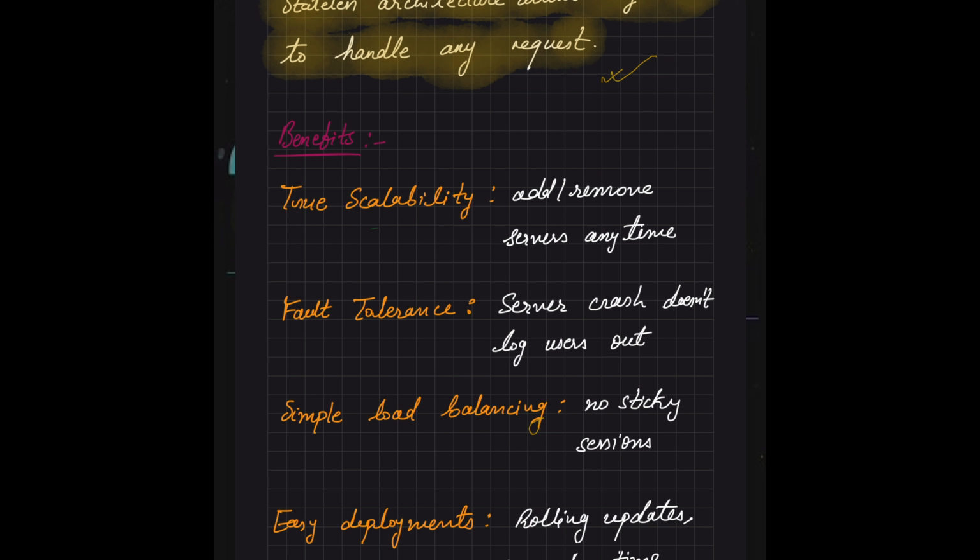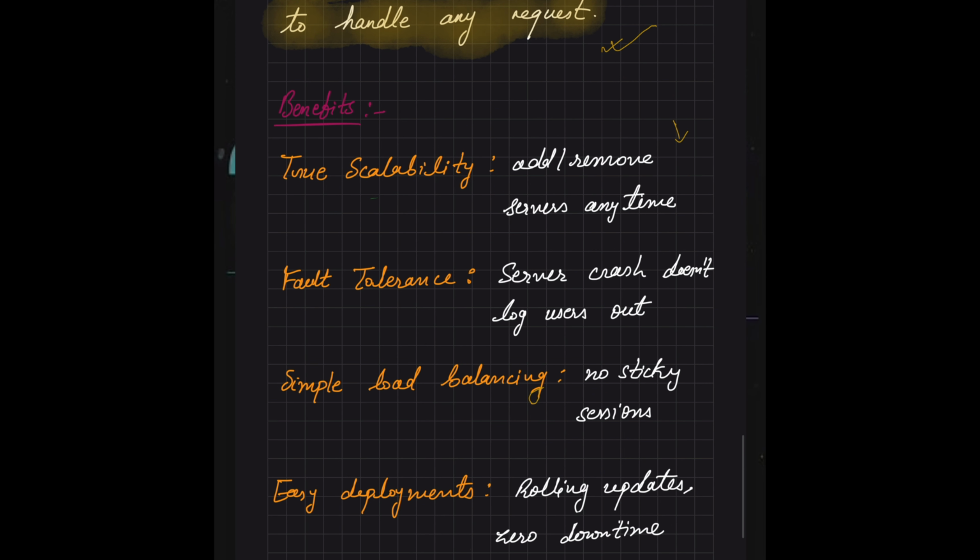Any server can handle any user's request, so it is very feasible to implement. You can easily add a server, and you can easily remove a server. If any server is down, facing downtime, you can remove that server and it won't affect the user, as any other server can handle that user. Now fault tolerance. If any server crashes, it will not impact the user, because that user is not bound to that server anymore. Their request can be handled easily by some other server.